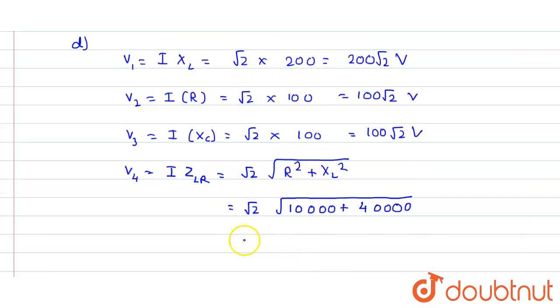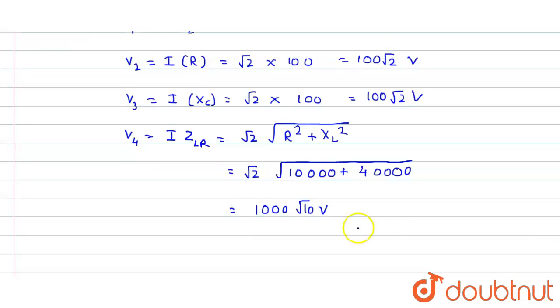Simplifying, it is 50000 under the root, which equals 100 root 5, multiplied by root 2, which is 100 root 10 volts.